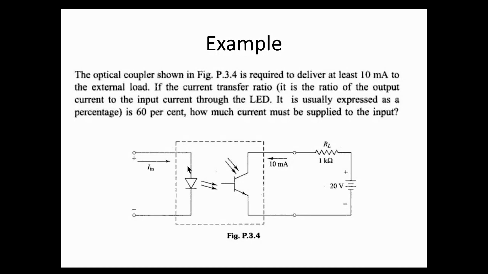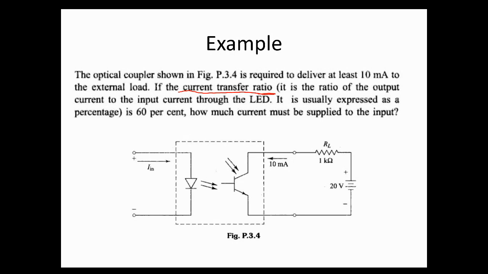All right, so here I just want to bring your attention to a concept, the current transfer ratio. There's another specification that you'll probably come across, the current transfer ratio.